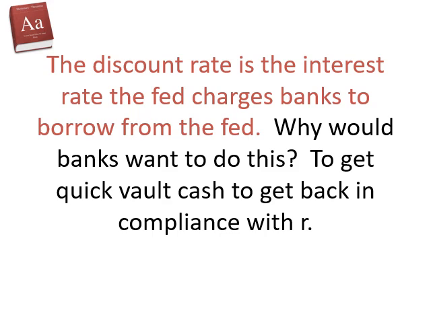And the answer is to get quick cash to be in compliance with R. I've mentioned a couple times here the dangers of the banks falling below R, and if they do that, they need quick vault cash. Where do they get quick vault cash? One way to get it is to borrow it from the Fed. The Fed will lend banks the cash they need to put in the vault to meet the R requirement, but they don't get it for free. They have to pay an interest rate, and that interest rate is called the discount rate.